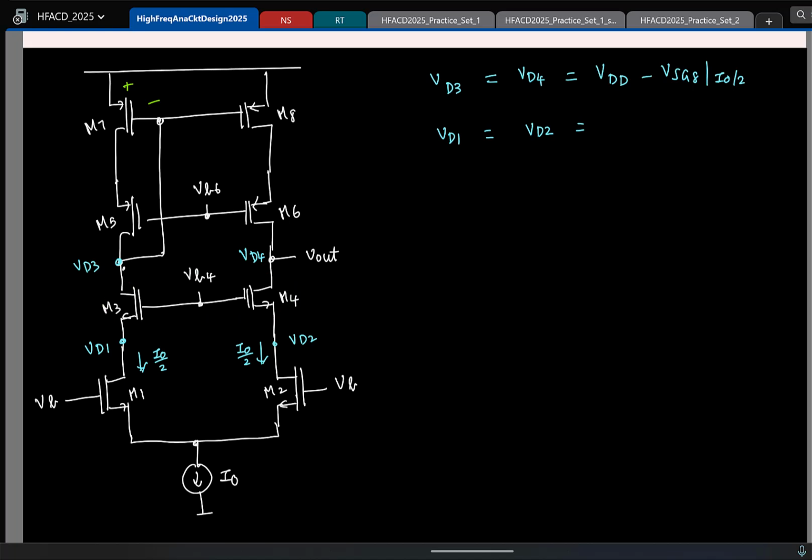Again, the same logic, we know that the current is going to be I0 by 2, which means the gate to source voltage is fixed. So this voltage will be VB4 minus the gate to source drop of M4. Okay. So this is VB4 minus VGS of M4. I'll write that here. This VB4 minus VGS of M4 at a current of I0 by 2.